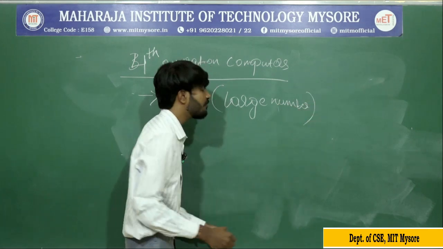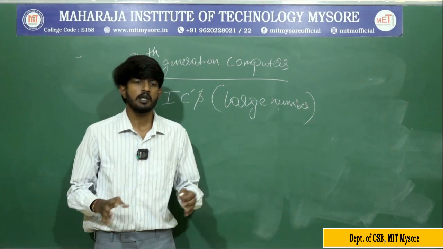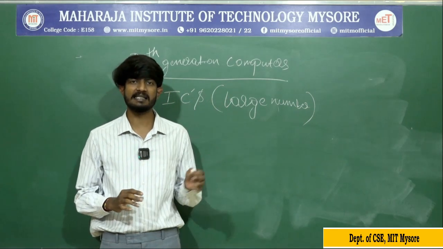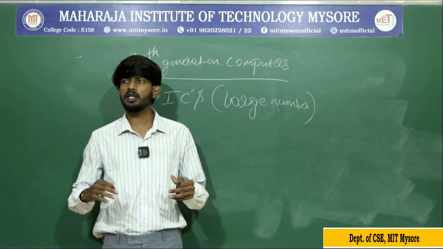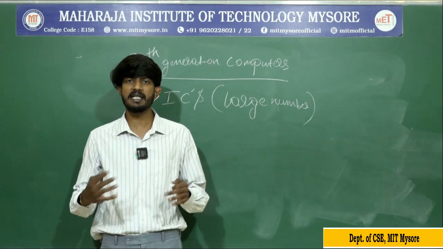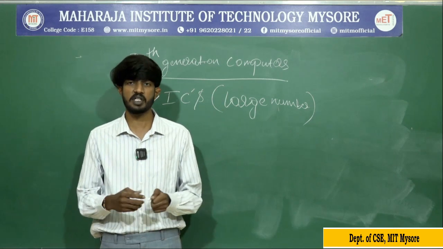So a large number of ICs, integrated chips, are used. To perform certain tasks, we are going to use a large number of ICs. So this will make the system run faster and process the data very quickly and efficiently.